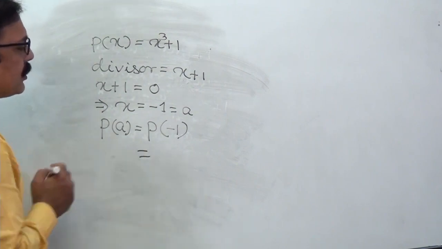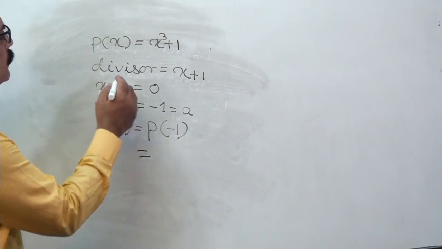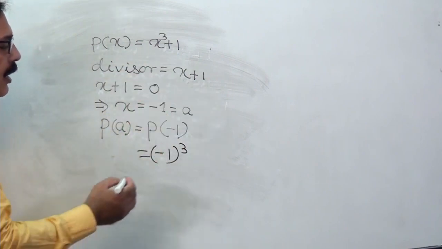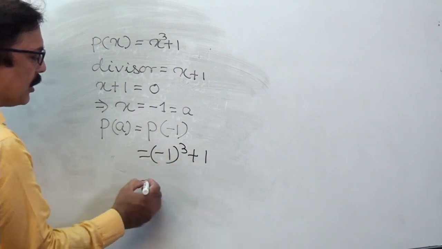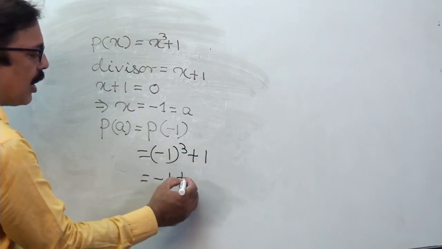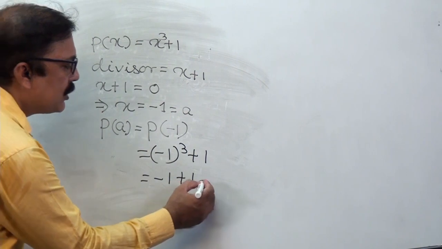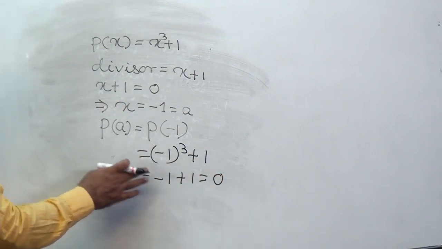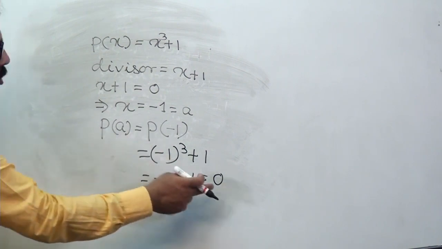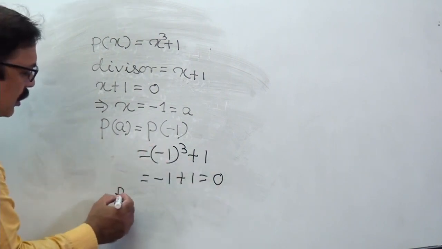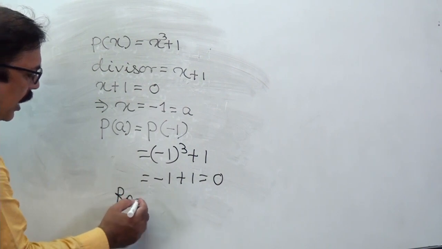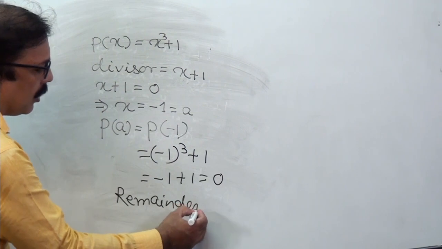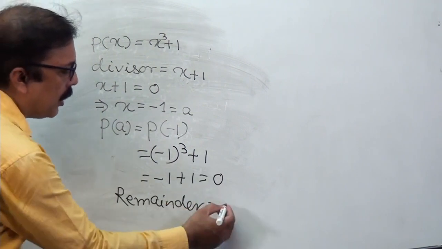So what gives p(-1)? That is minus 1 to the power 3 plus 1. This gives minus 1 plus 1, which is equal to 0. Now see, we get p(a) equal to 0. So if the division would be there, then the remainder would be 0.